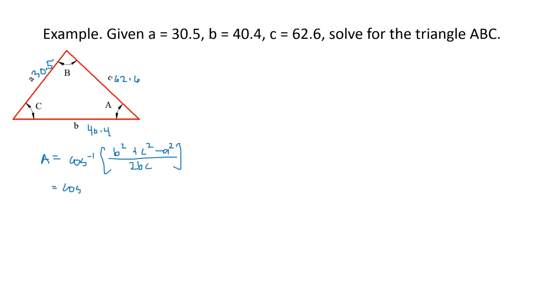So, let's plug in the values. We have B is 40.4 squared plus 62.6 squared minus 30.5 squared, all over 2 times 40.4 times 62.6.